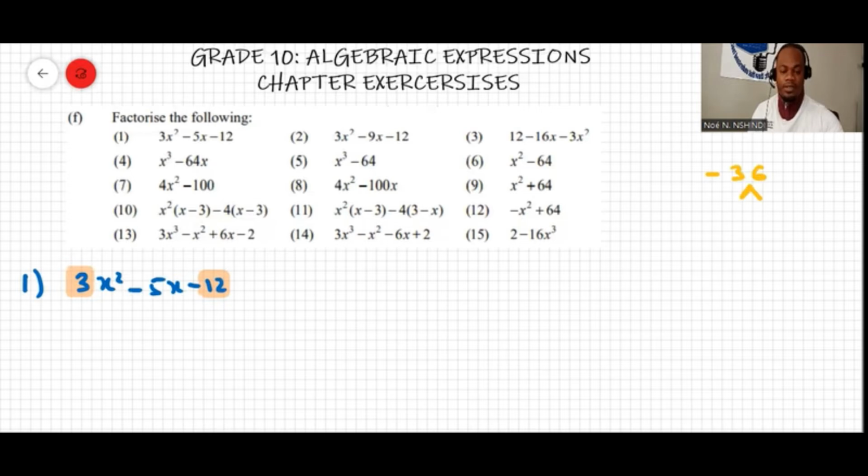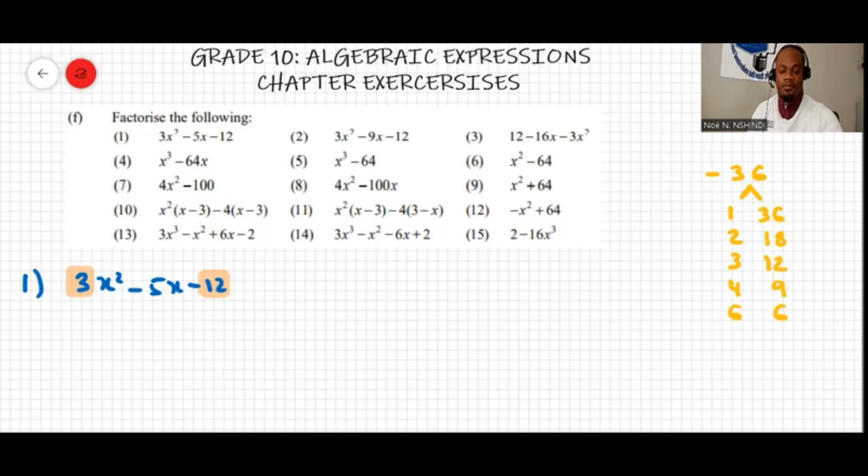And then we're going to list all the factors of 36, preferably in ascending order. So there will be 1 and 36, 2 and 18, 3 and 12, 4 and 9, and 6 and 6.